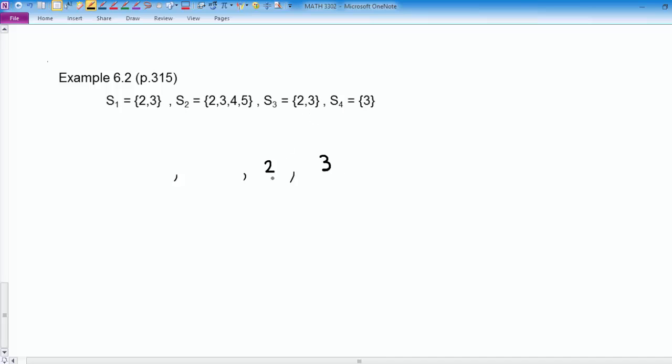That means that the first entry has to be something different than 2 and 3, which is impossible. This is an example where we were not able to find an SDR. No SDR is available.